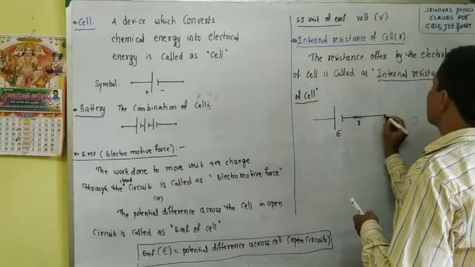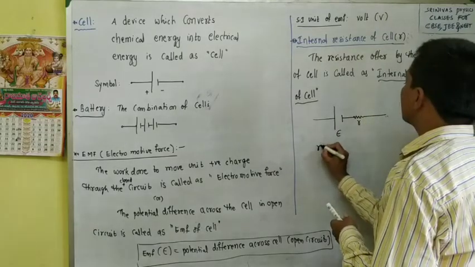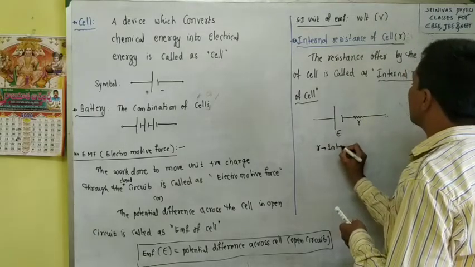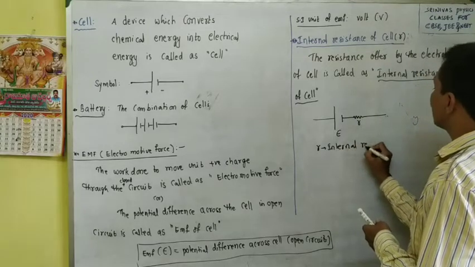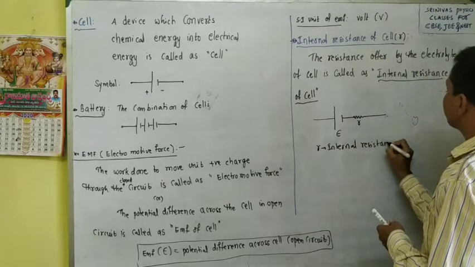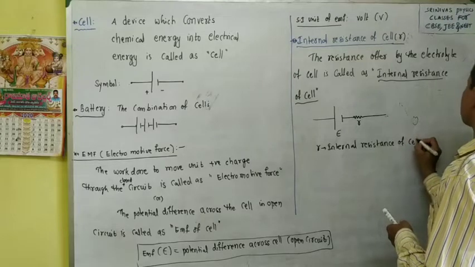This small r is the internal resistance of the cell.